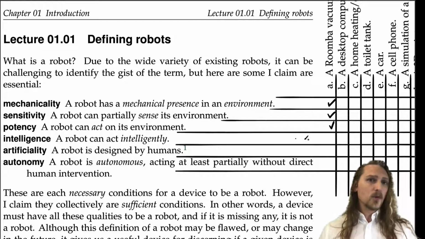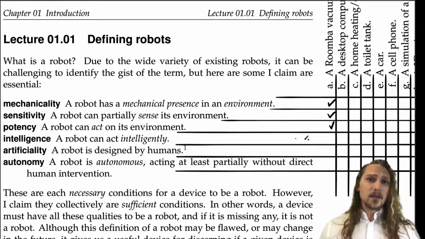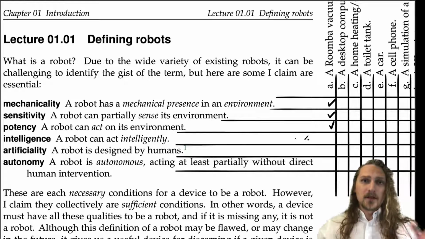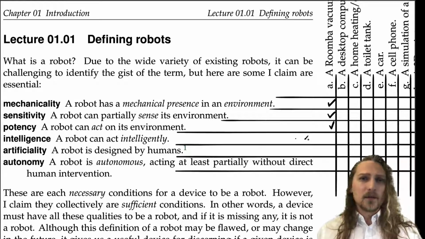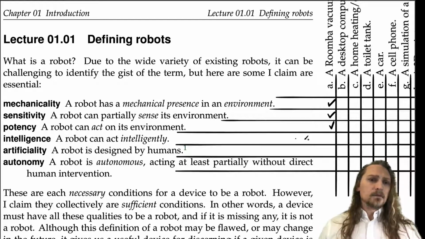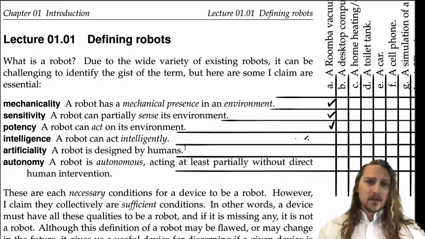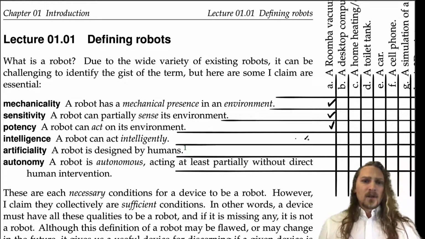For instance, some of them will map out the entire home that they're in and navigate around based on this internal map that it has created. This is sort of an intelligent behavior, even though we haven't fully defined what we mean by intelligence here. That passes pretty much any intelligence test if it can have an internal map of an environment and act in it. So acting intelligently, a Roomba can certainly do that.